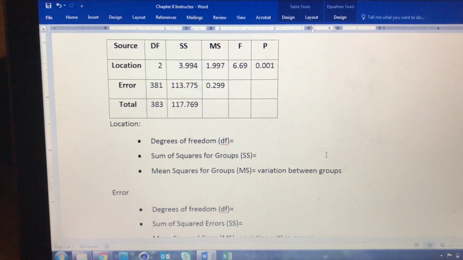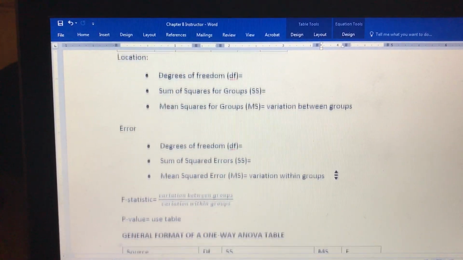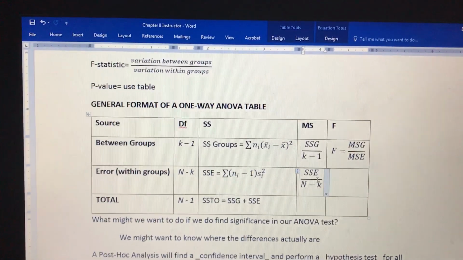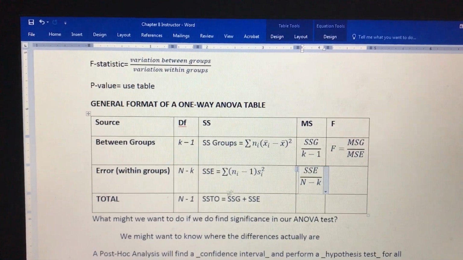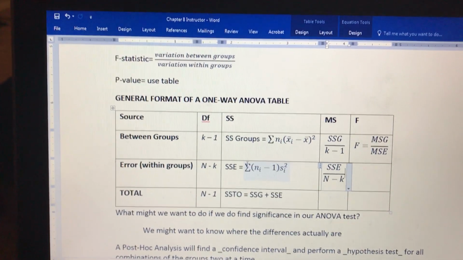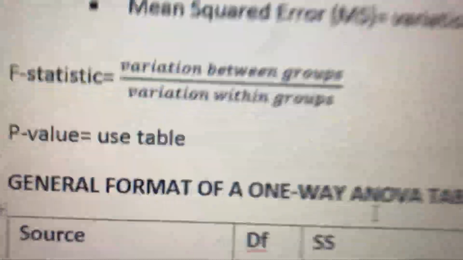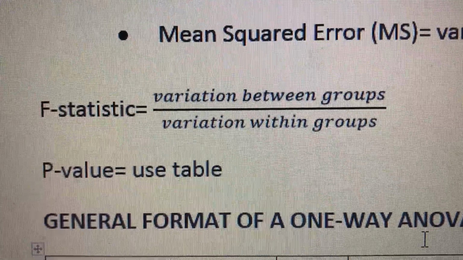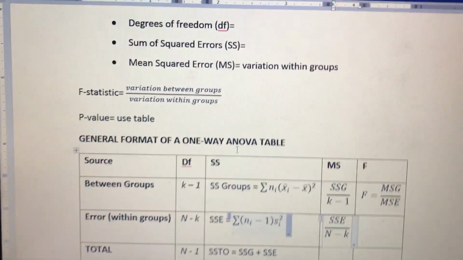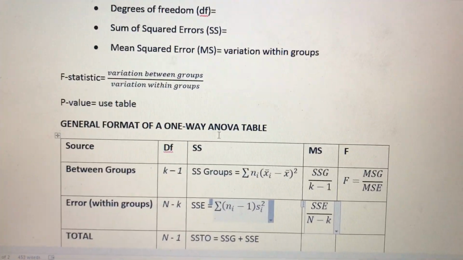So I went through that fast. I will tell you, I am not going to quiz you on the inner workings of an ANOVA table. I will not quiz you on anything that shows up inside this table. What you do need to know is this: our F statistic relates the variation between the groups to the variation within the groups.